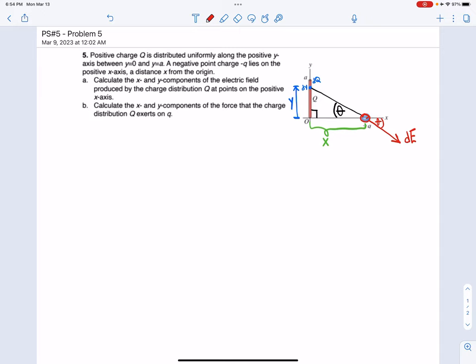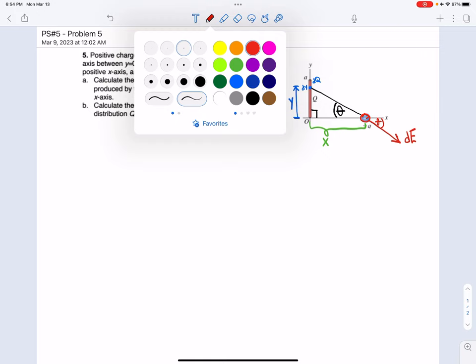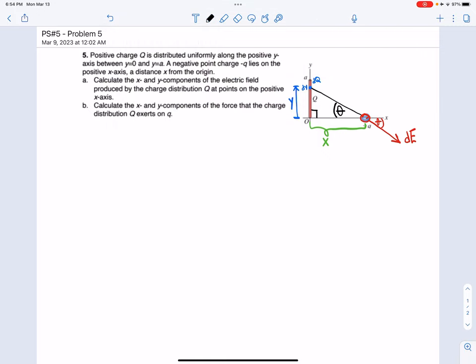What else can we say about this? If we've got this triangle right here, and I know that this side is x and this side is y, what would be my hypotenuse? Then this would be this distance r.